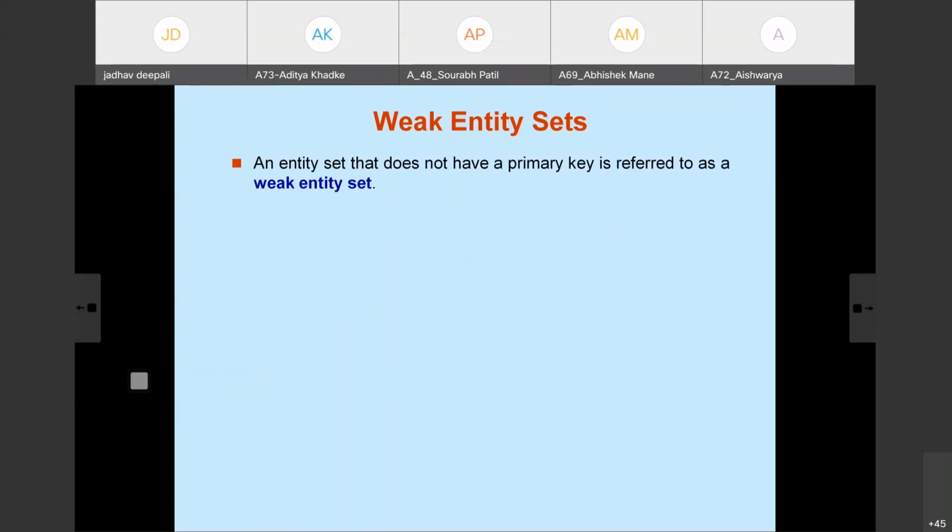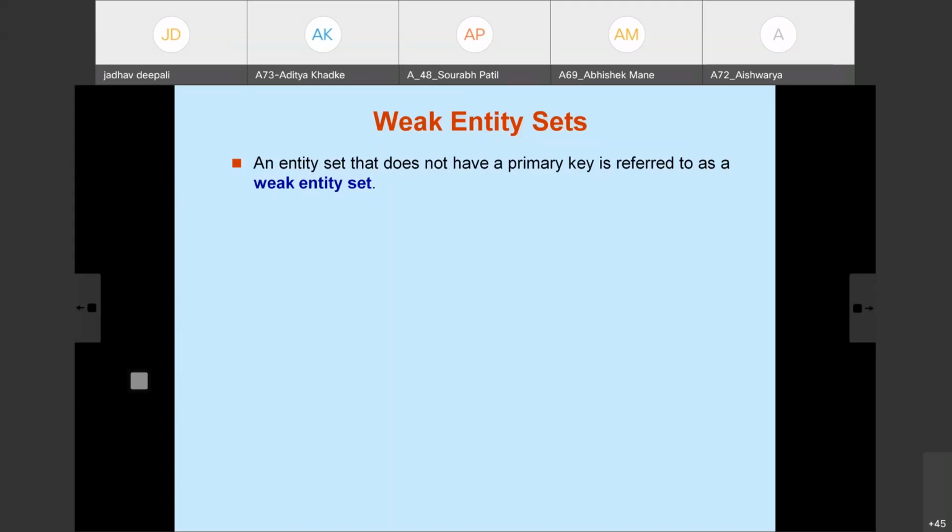Then strong entity set, the opposite definition: an entity set that has its own primary key is known as a strong entity set. So up to this, whatever entity sets we have seen, all are strong.